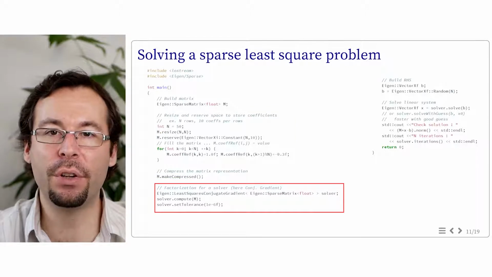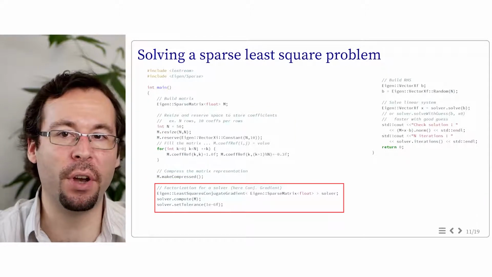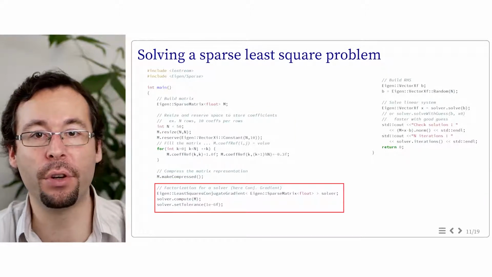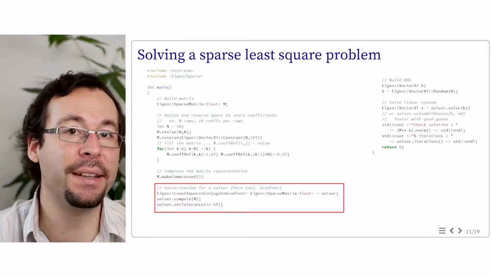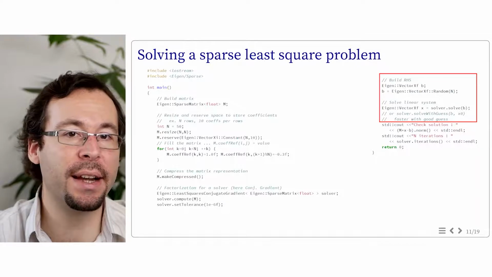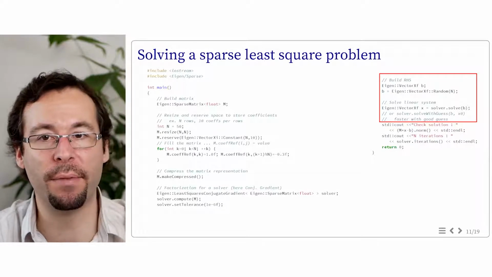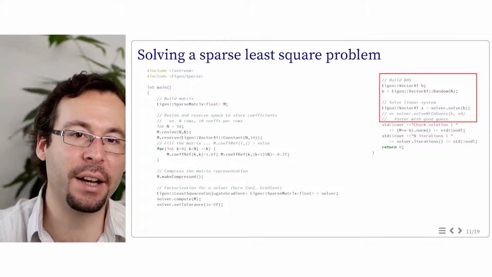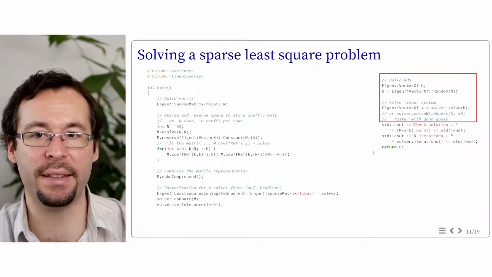Then we can call the least square conjugate gradient solver to prepare a solution using the conjugate gradient approach for this least square problem. Finally, we can build the right-hand side and call the numerical solver on the linear system similarly to the dense case.